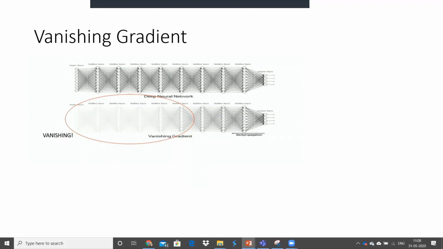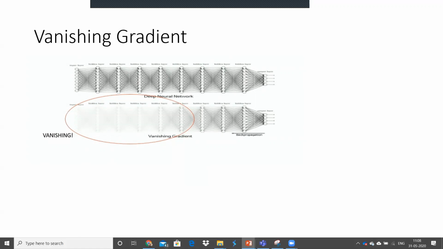At every layer it is multiplied by a small number, and that number becomes smaller and smaller, and when you reach the first layer, your gradient is so small. So when you are updating a weight, the weight is not getting updated significantly, and your layer would not be able to learn. This is the problem the RNN is facing.